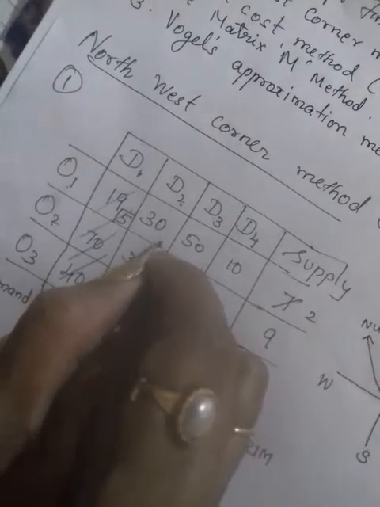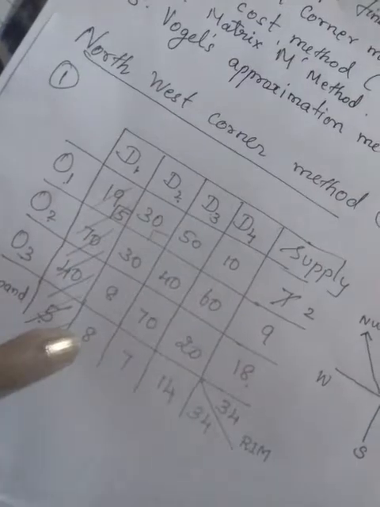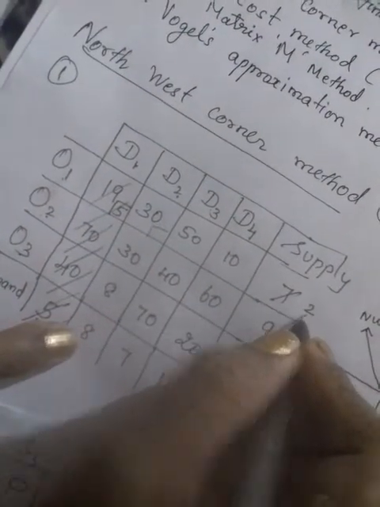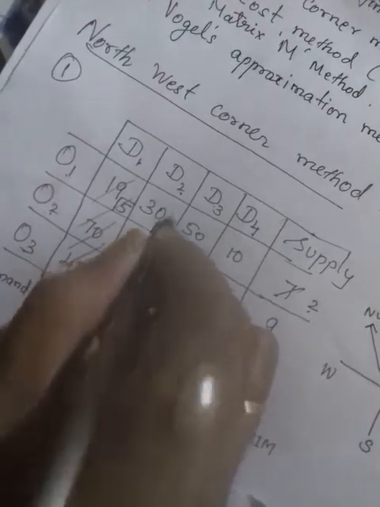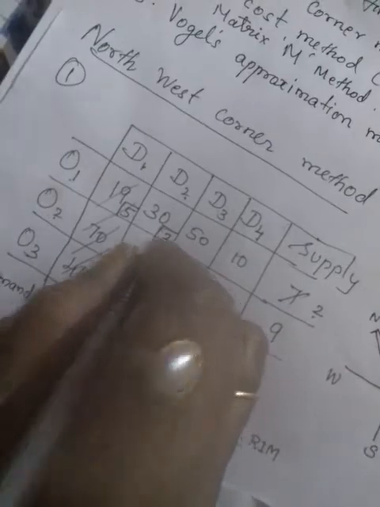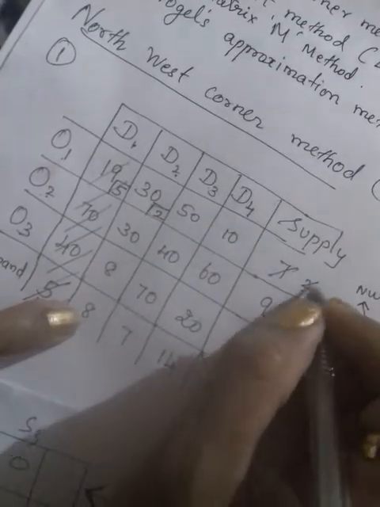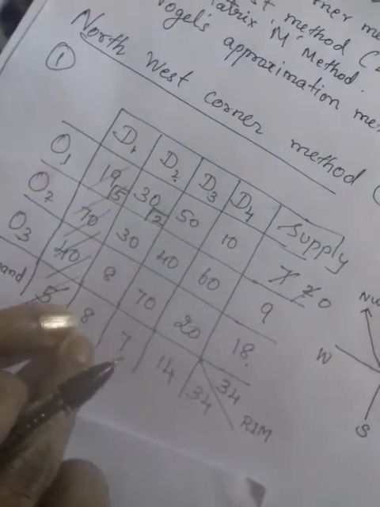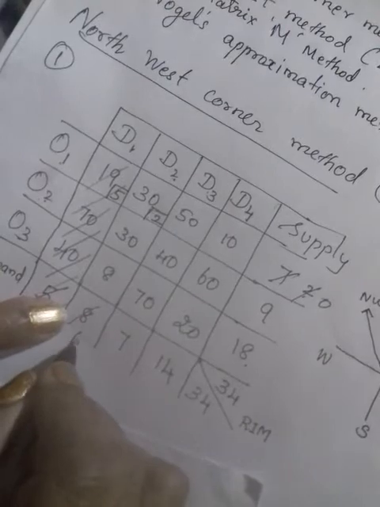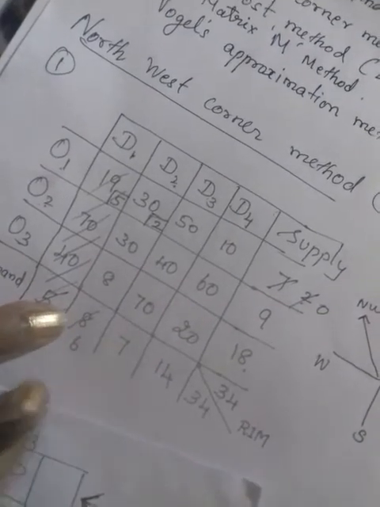I am going to send only 2 products here because I have only 2 in hand. So how many do you have here? 0. Out of 8, you sent 2 from supply 1, so remaining you have to send 6, 8 minus 2.